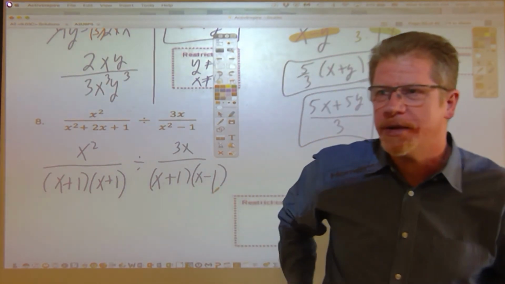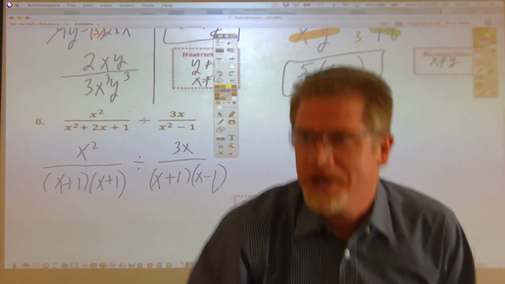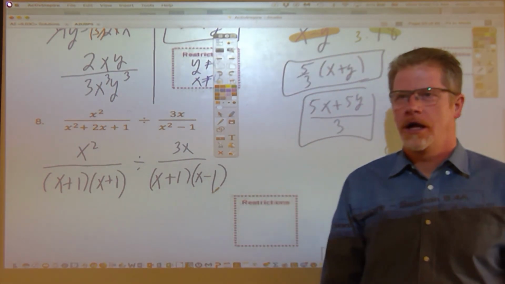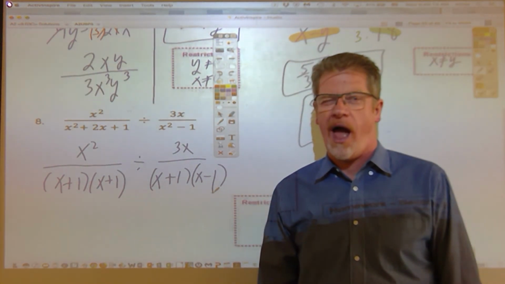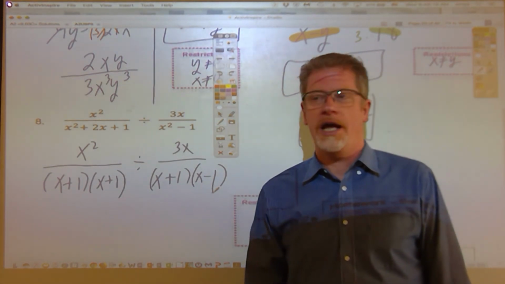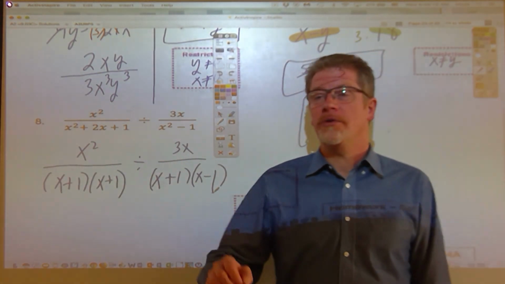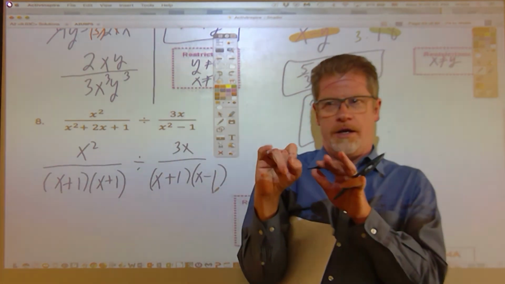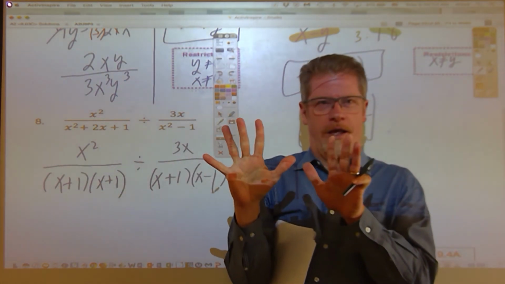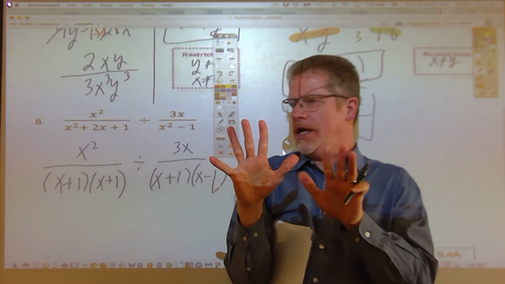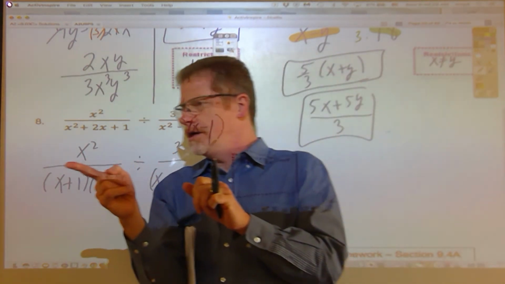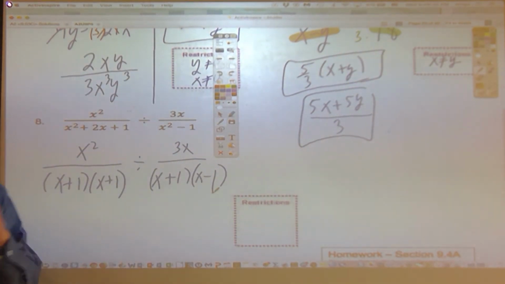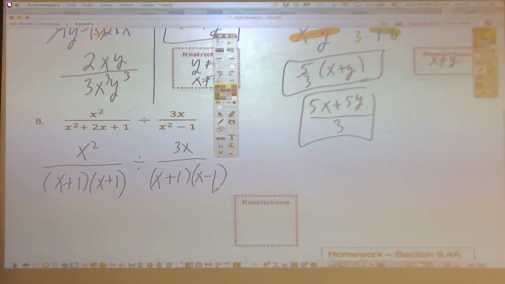So go ahead and think about that. Pick one of those. And now display the number of restrictions on your fingers. How many restrictions are there in problem 8?